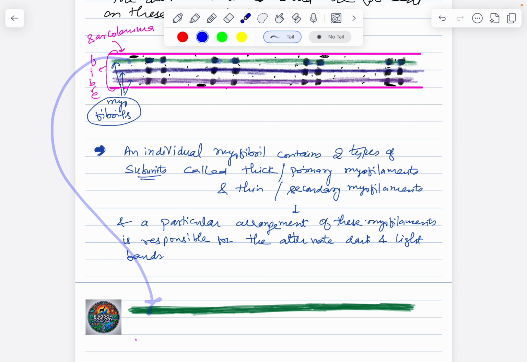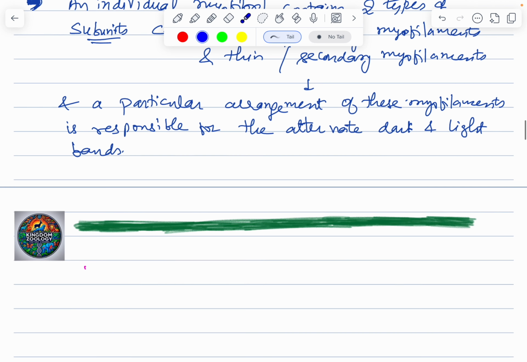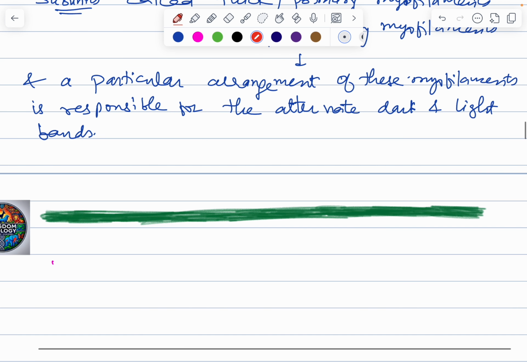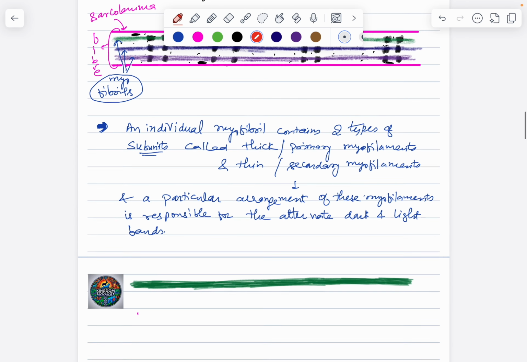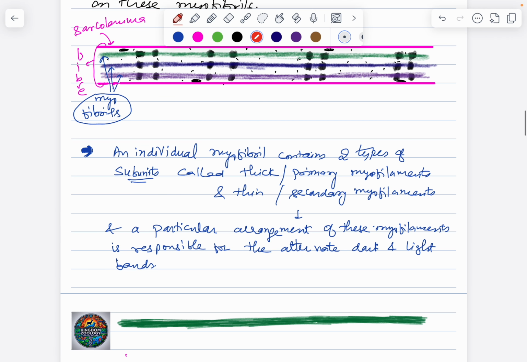What exactly is responsible for these dark and light bands? I'll tell you. This myofibril is a collection of two different types of subunits called the thick and the thin myofilaments. What exactly are the thick and thin myofilaments? Let me show you. Now this would be going a bit deeper inside the structure of the myofibril. So here we go.